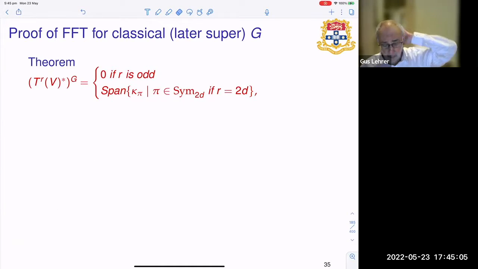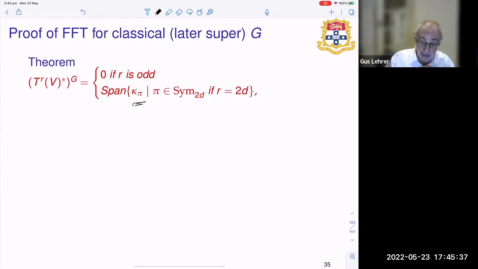And to come up with a proof of the first fundamental theorem for classical and later super G, we want to come up with a formulation which fits into the technology we've developed. So the statements that I'm going to prove, I have to tell you, of course, what kappa pi is.